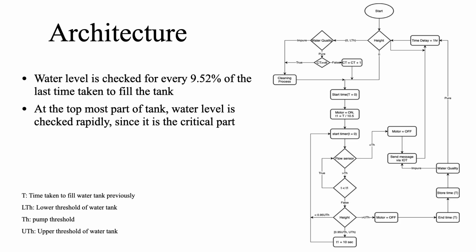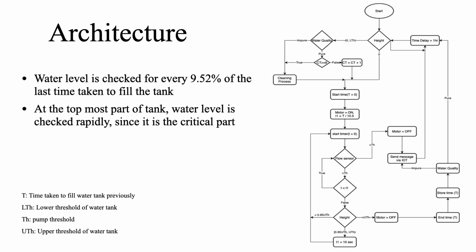This capital T by 10.5 indicates that the water level needs to be checked every 9.52% of the time taken to fill the water tank previously. So the water level will be checked 10 times until 95.2% of the previous time.